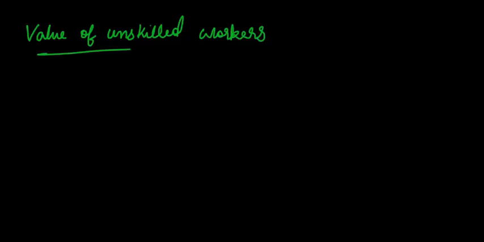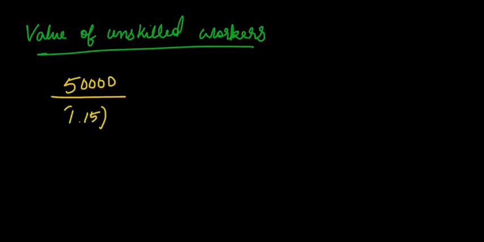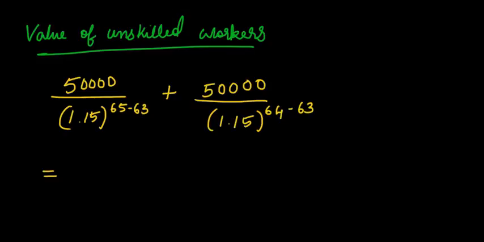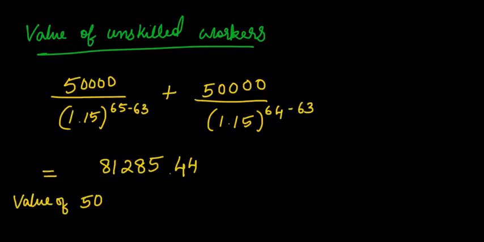In the same way, value of unskilled workers are also found as a present value of future annual earnings of rupees 50,000 received in the end of 63rd and 64th year. That is 50,000 divided by 1.15 raised to 2 plus 50,000 divided by 1.15 raised to 1, which gives the value of a single unskilled worker as 81,285.44.